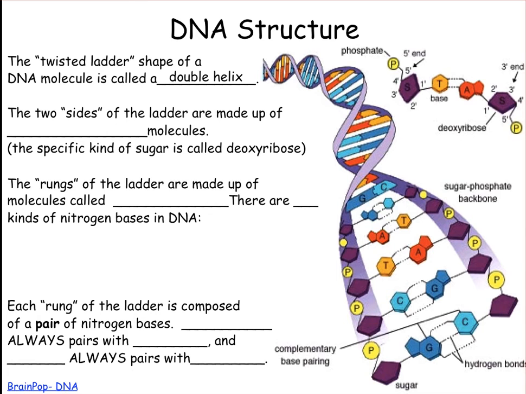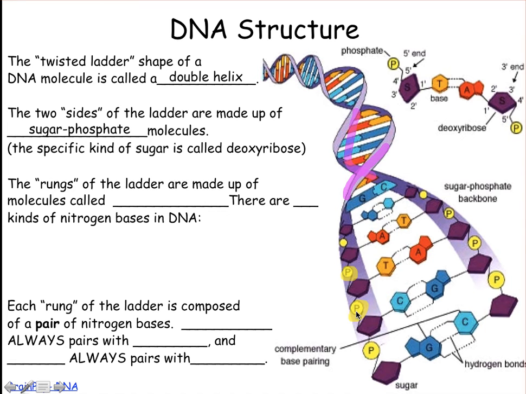The two sides of the ladder, which are shown here in purple, are made up of sugar phosphate molecules. Now, in this picture, the phosphates are shown in yellow.